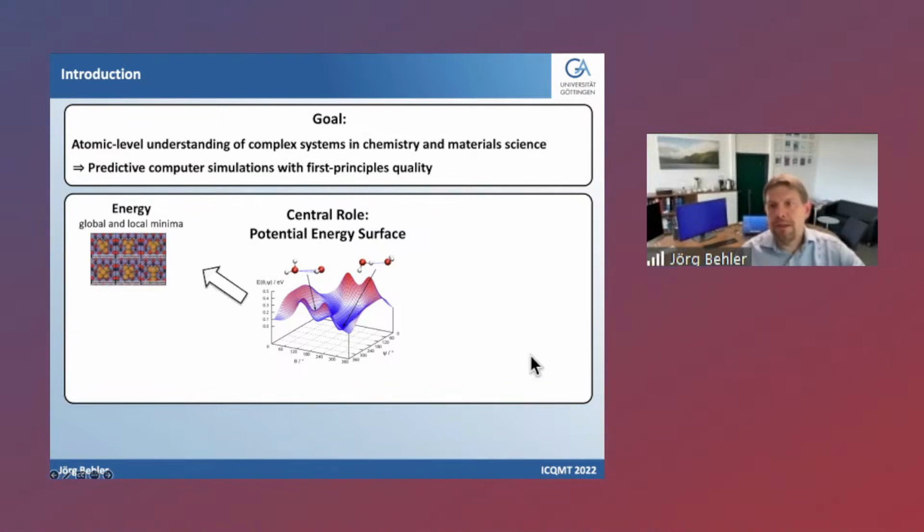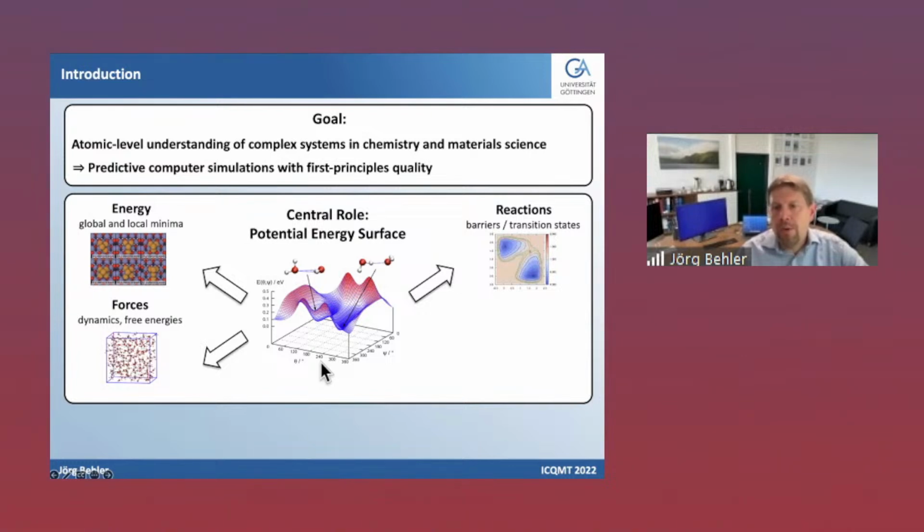And the central role for all these simulations is played by the potential energy surface, because this potential energy surface contains essentially all information that we need. We have global and local minima, so we get structural information. We can get derivatives of the energies, the forces, for dynamical studies and look at thermodynamic properties like free energies, for example.